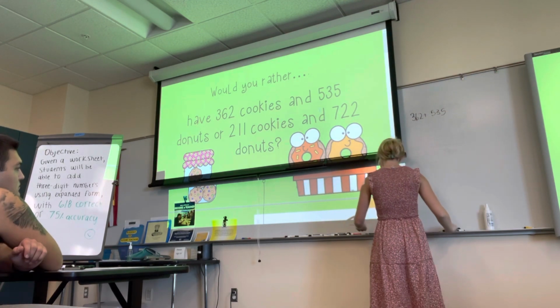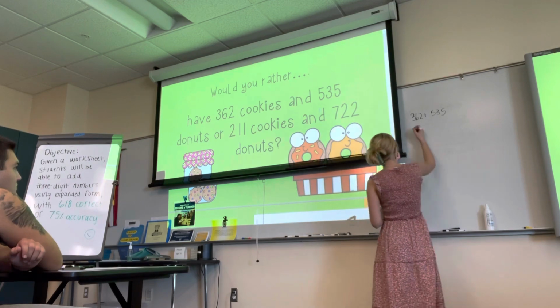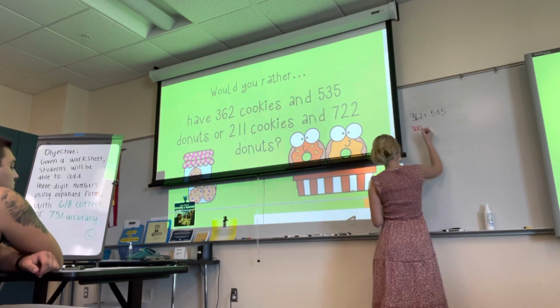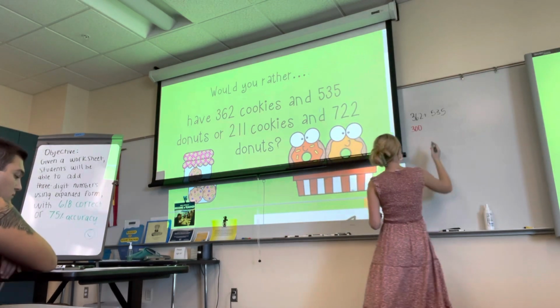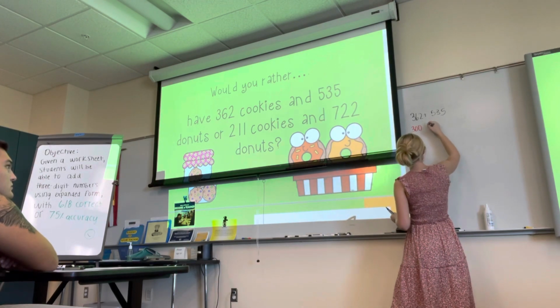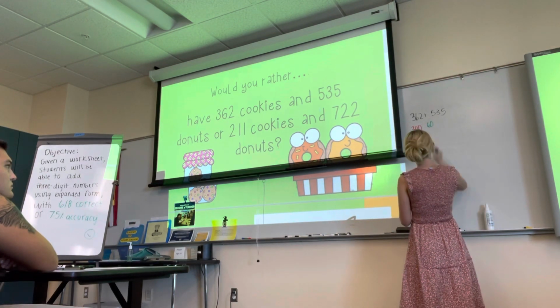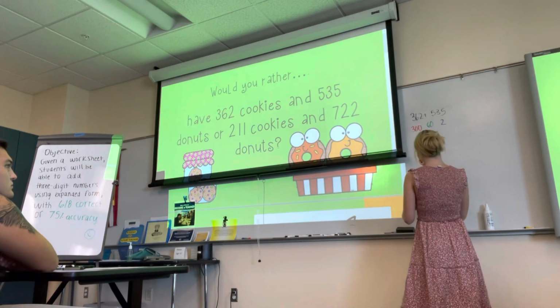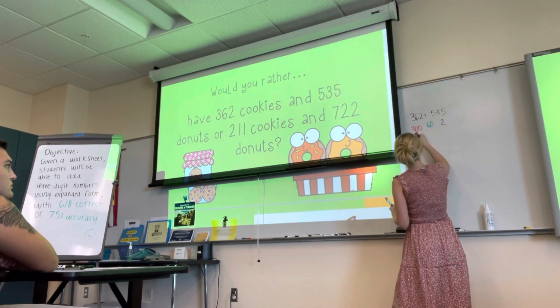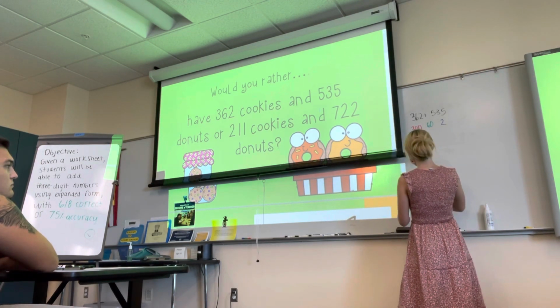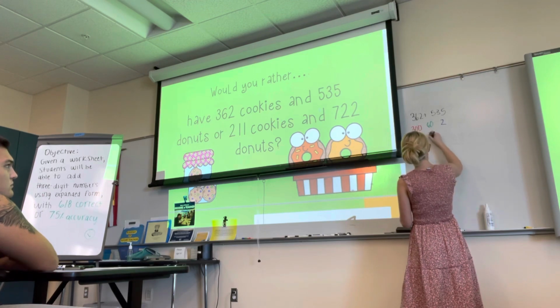Okay, here we go again. Breaking down numbers by their place value. 362 could be broken down to 300 for the hundreds, 60 for the tens, and 2 for the ones. 535 could be broken down into 500 for the hundreds, 30 for the tens, and 5 for the ones.